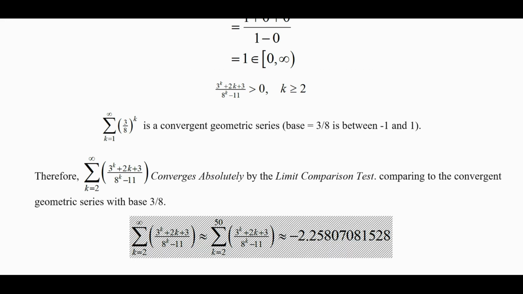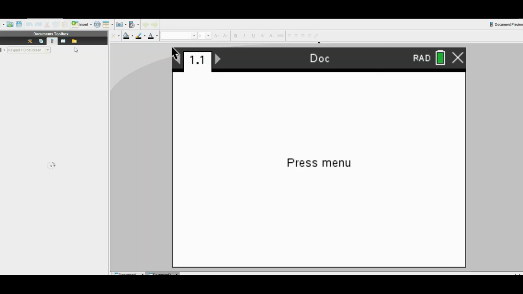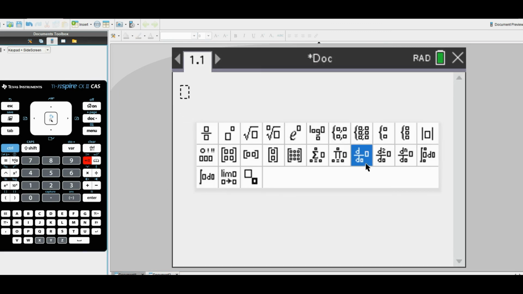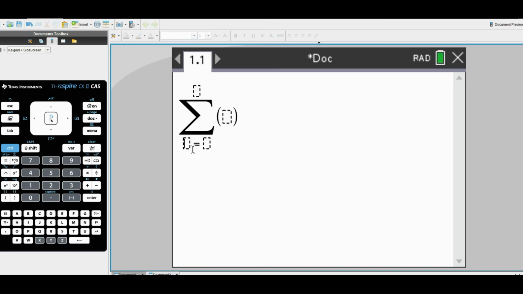Let's go back to 1 here and see what the sum is. So I can use this, for example, sum k equal, let's actually start at 1 and go up to infinity.